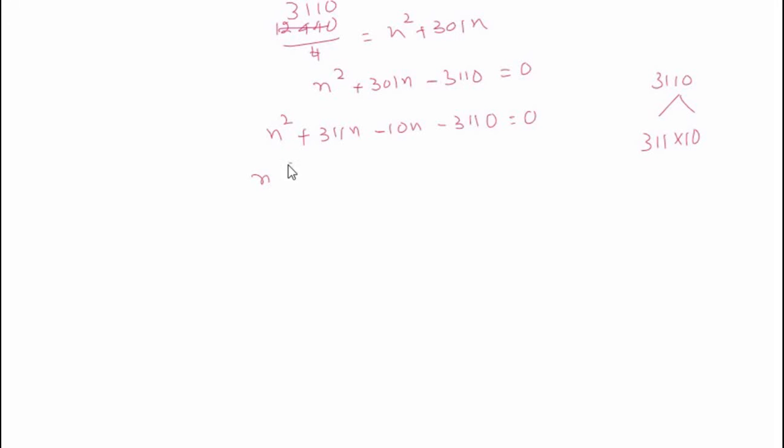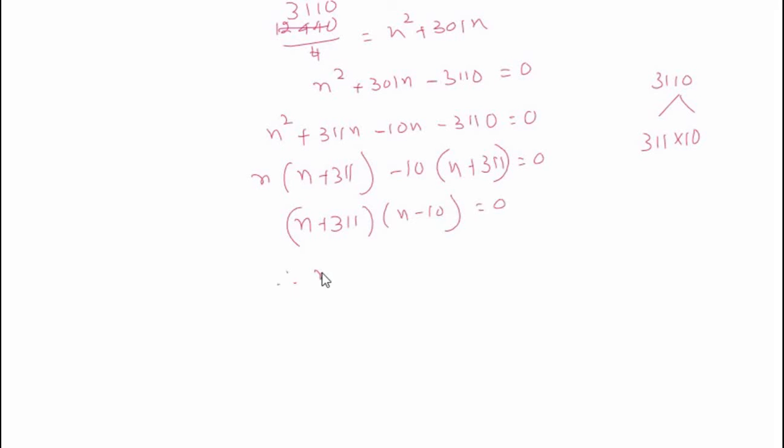So let us take N outside. So N plus 311, minus, let us take 10 outside. So this becomes N, this minus becomes plus here, 311 is equal to 0. Therefore N plus 311 into N minus 10 is equal to 0.